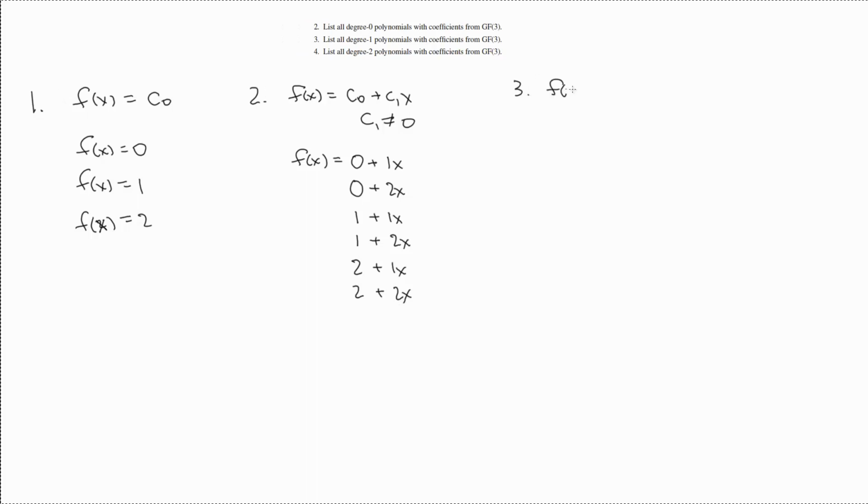A degree 2 polynomial is of the form c0 plus c1x plus c2 x squared, where c2 is not equal to 0.